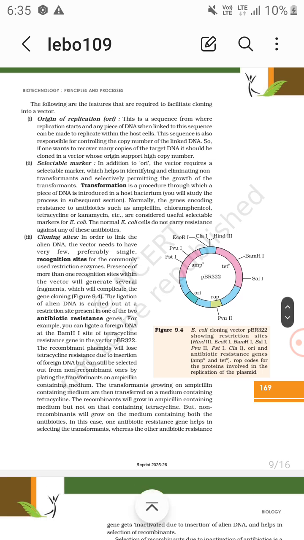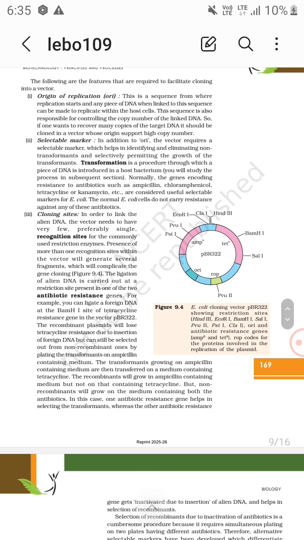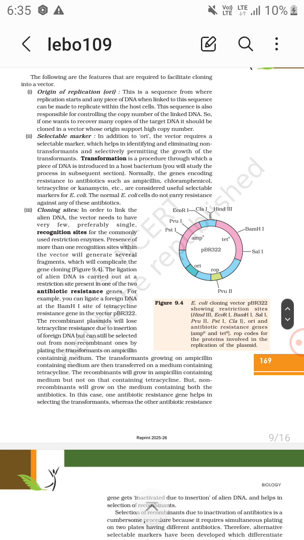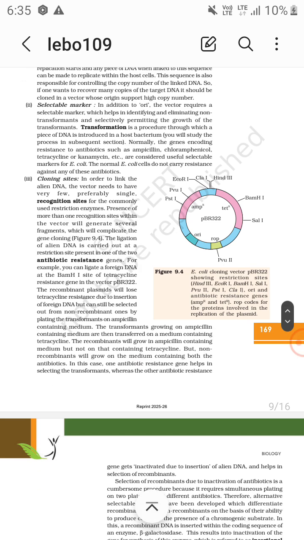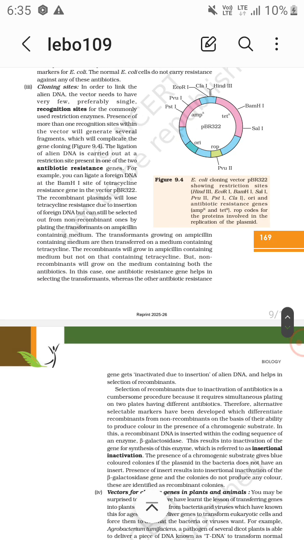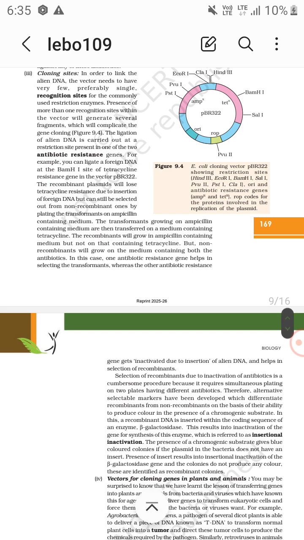Now, if the recombinant DNA, for example this plasmid, has an insert in the region of the ampicillin resistance gene, if the desired gene is inserted there, then it loses the resistance to ampicillin. So this is how you identify recombinants from non-recombinants.